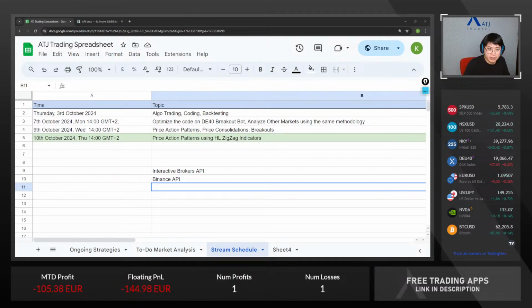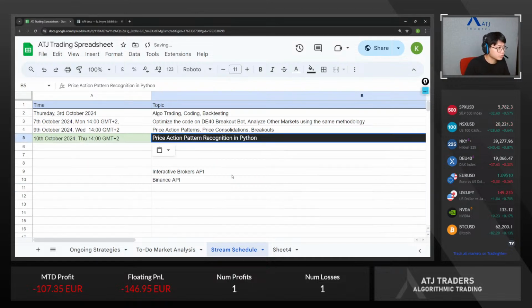And the topic, I'm just writing everything down. The topic will be price action pattern recognition Python. I'm just going to write it like this.